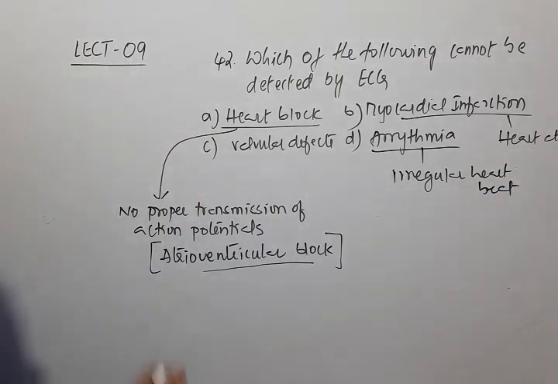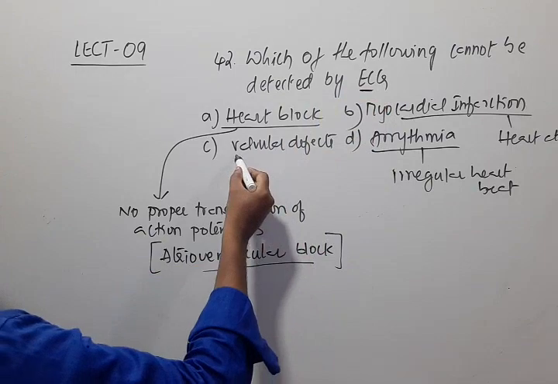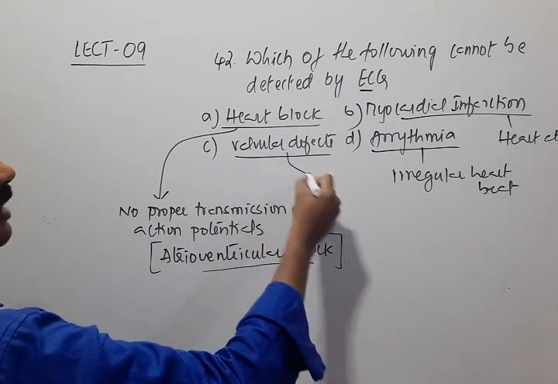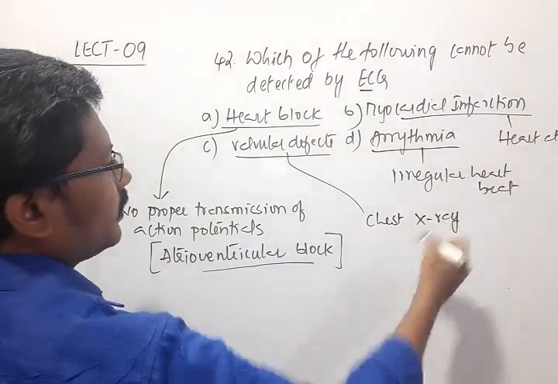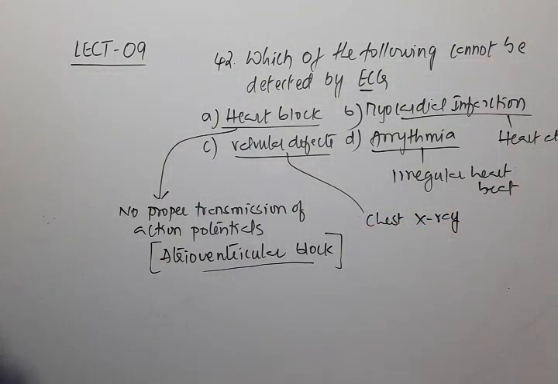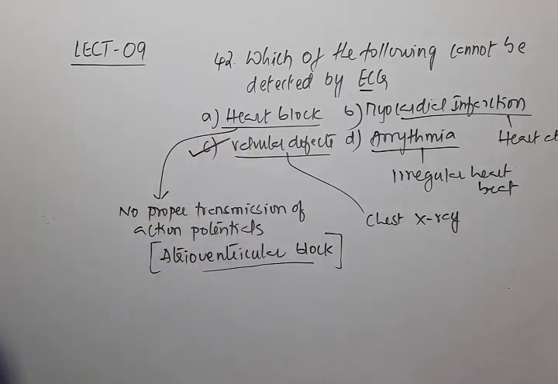All these, heart block, myocardial infarction, and irregular heartbeat, can be detected by ECG, whereas the valvular defects will be detected by a chest X-ray. So hence the answer for which of the following cannot be detected by ECG is the valvular defects.